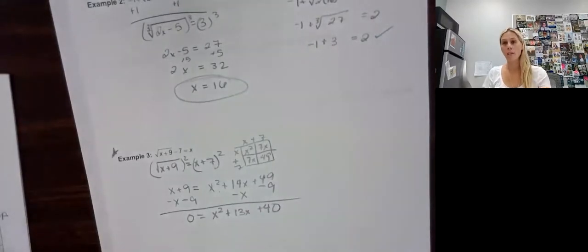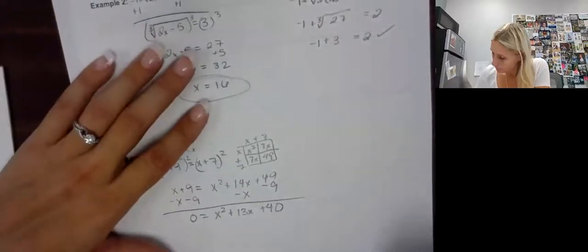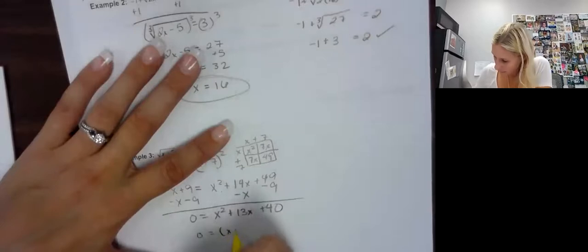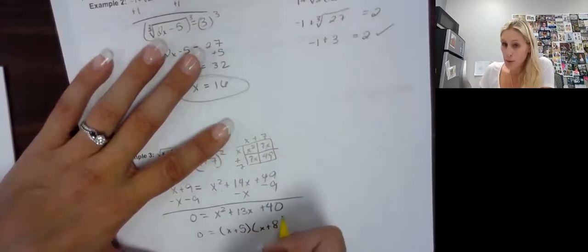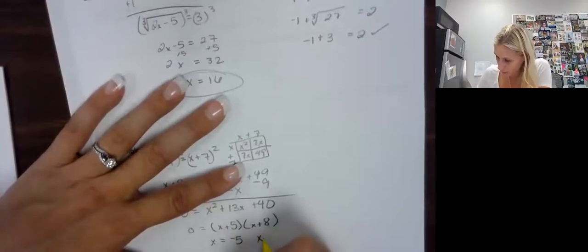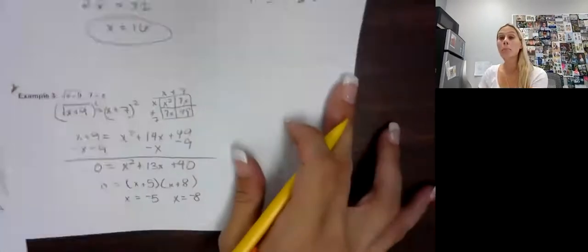If you can't remember how to factor, go back to unit 1 where I had the factoring video, or just remember to do your box backwards, okay, or grouping. So we get 0 equals x plus 5 times x plus 8. So the two solutions right now that we have are x equals -5 and x equals -8. I have to check both answers.